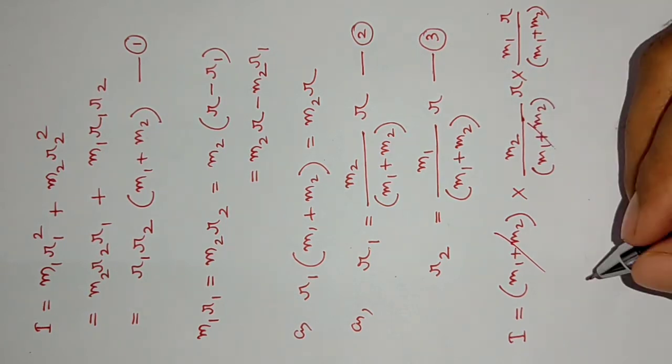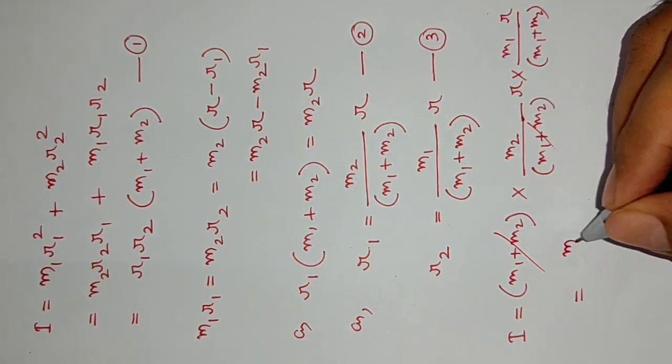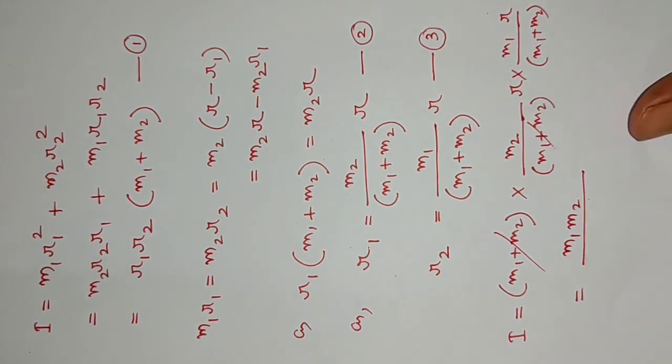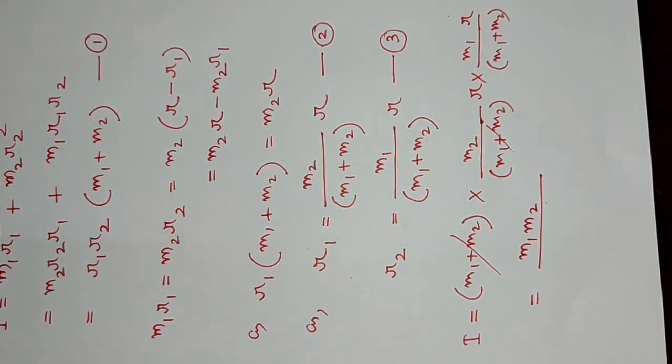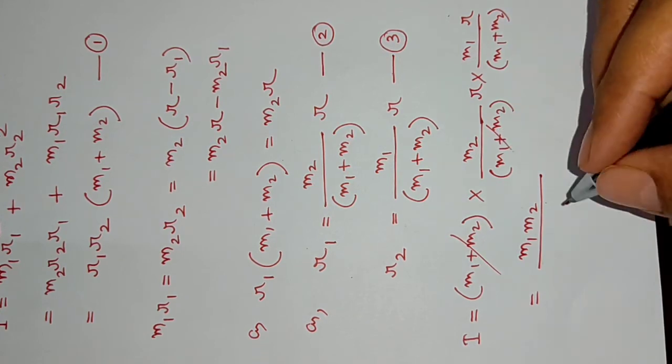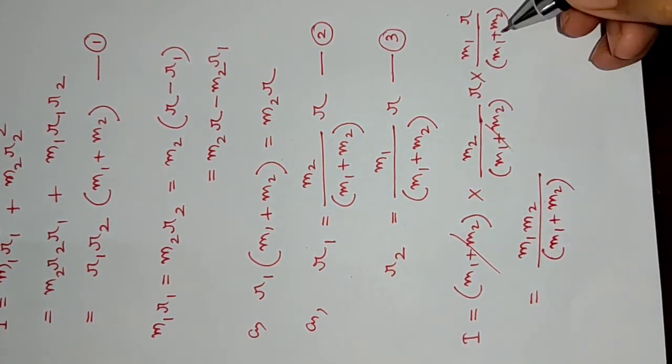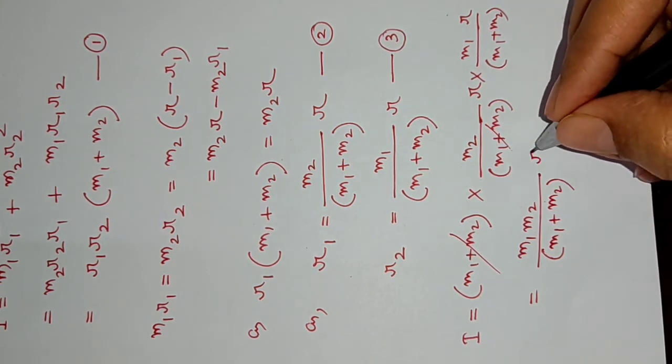One term will cancel out. It will be m1 m2 upon, one term will remain, m1 plus m2, into r square.